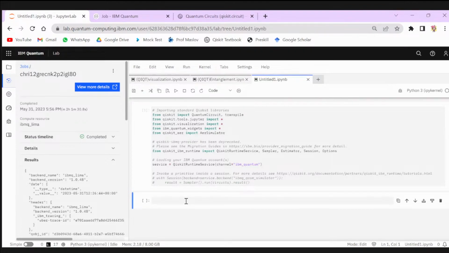So let's try to plot the Bloch sphere in Qiskit. First we have to import some tools for visualization.